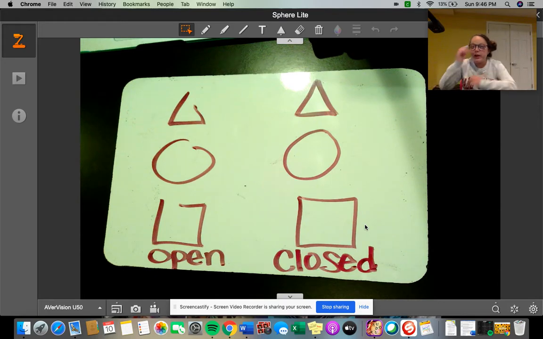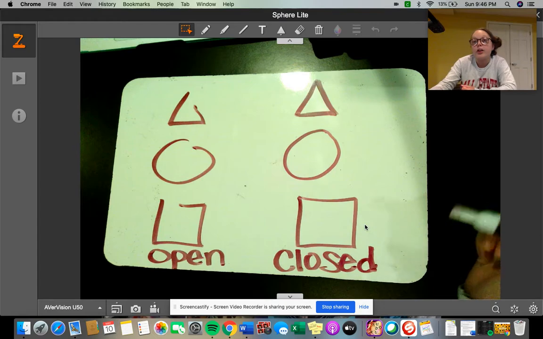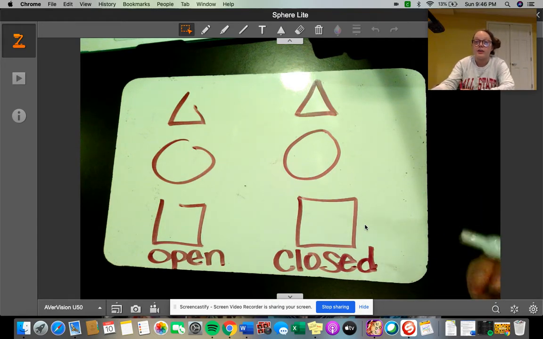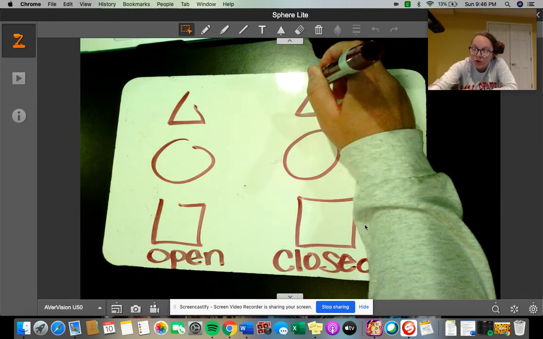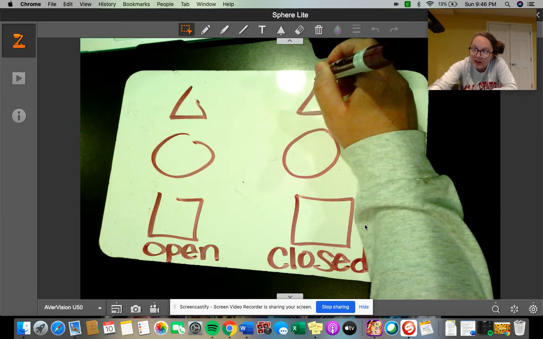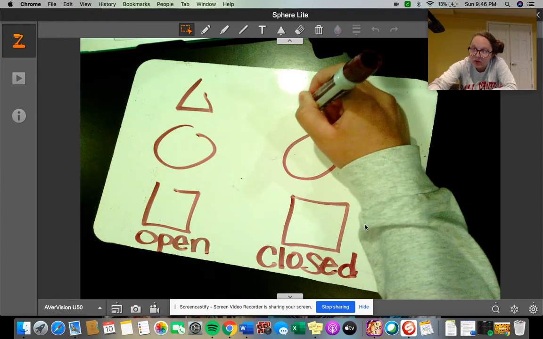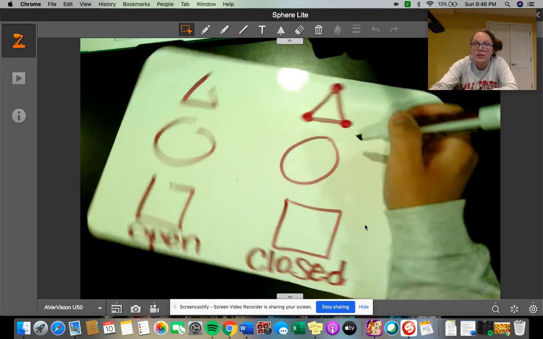So when we look at shapes, most shapes are going to have sides and corners. When we look at this triangle, I see that there are 1, 2, 3 points where they meet.